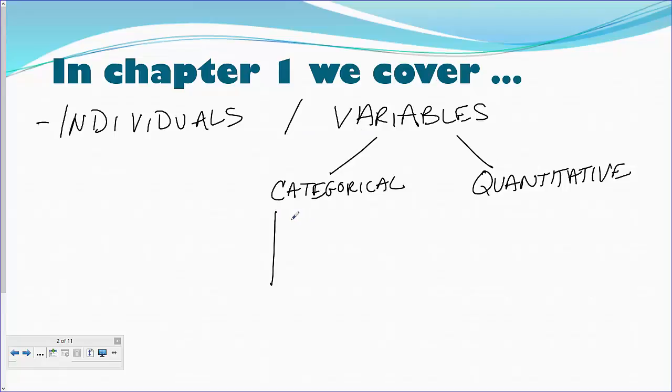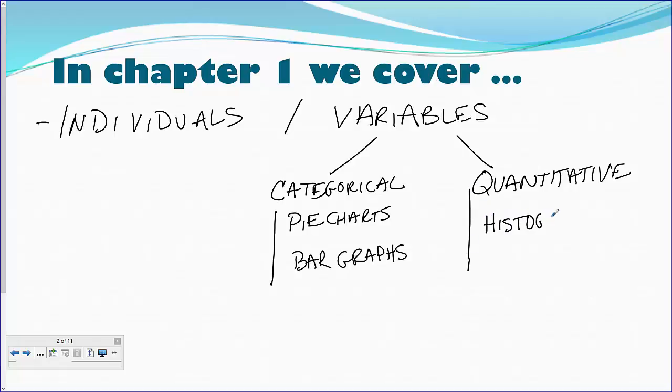With categorical variables, we're going to be looking at pie charts and bar graphs. Bar graphs are really easy to mistake for the graph of a quantitative variable, and that is going to be a histogram. So we're going to really have to notice the difference between the bar graph and the histogram. We're going to work a lot with the histograms then.